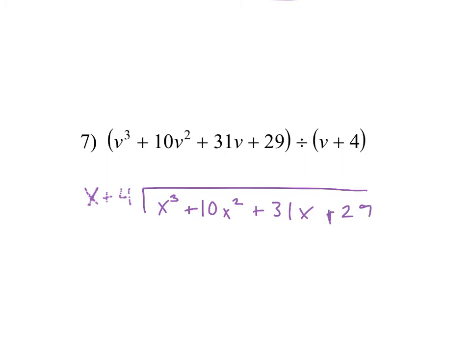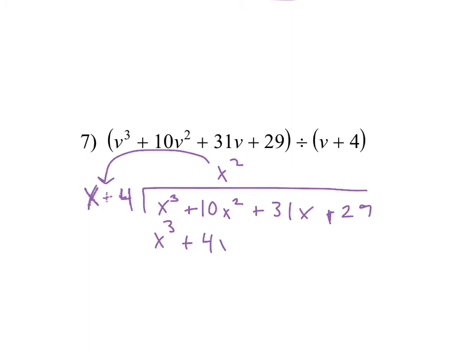So what times x gives us x cubed? So awesome, x squared. Then what do we do next? Multiply. So what's x squared times x? x cubed. And what's x squared times 4? 4x squared.